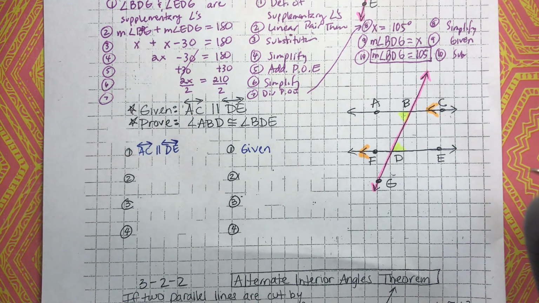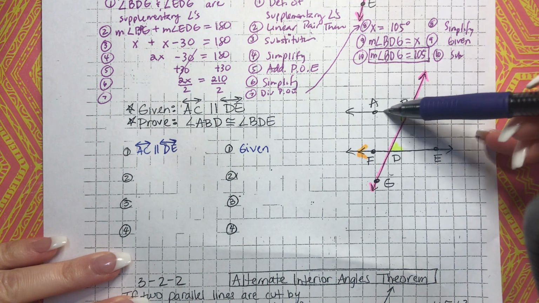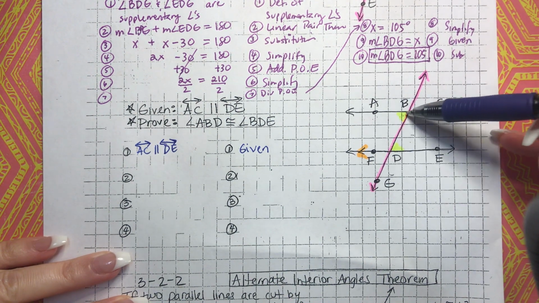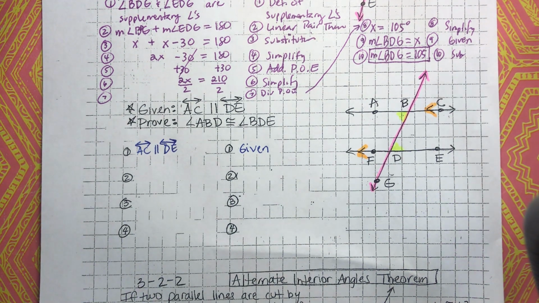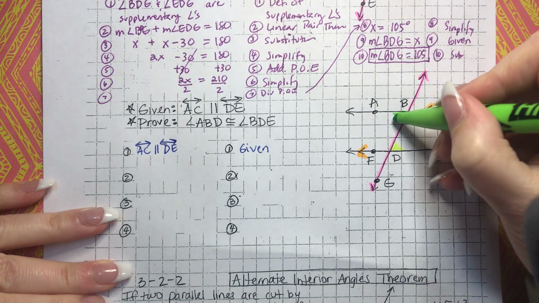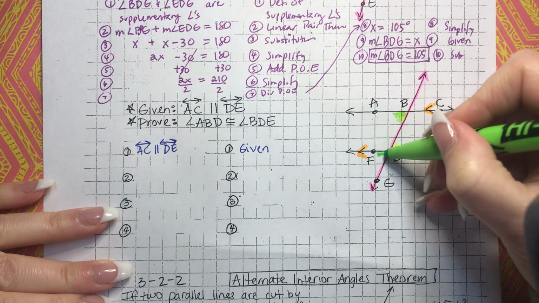And since we know that, we can use the corresponding angles postulate. So I'm just going to take this ABD, and what would be the corresponding angle to ABD? Well, ABD would be right here, right? So the corresponding angle would be right here, FDG.